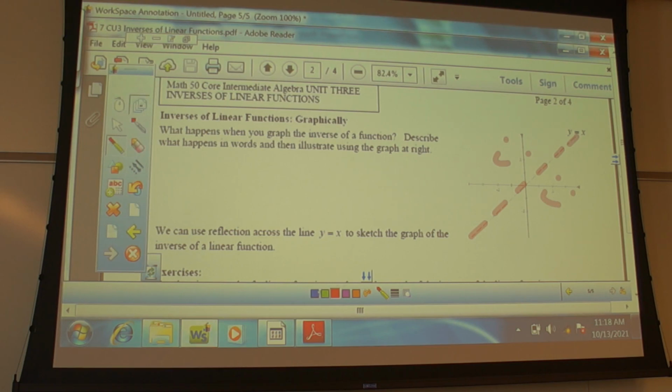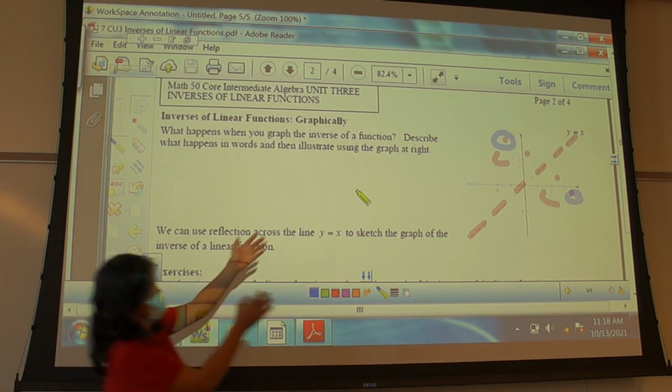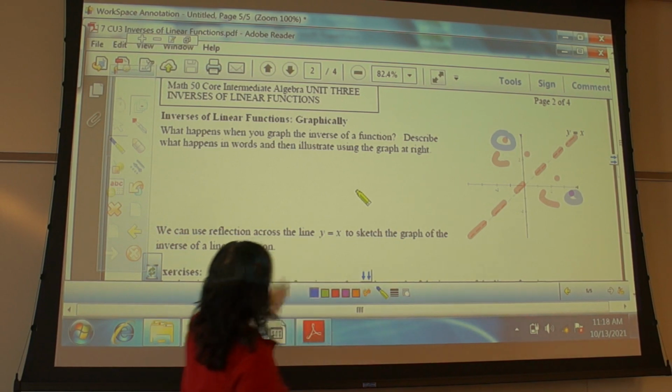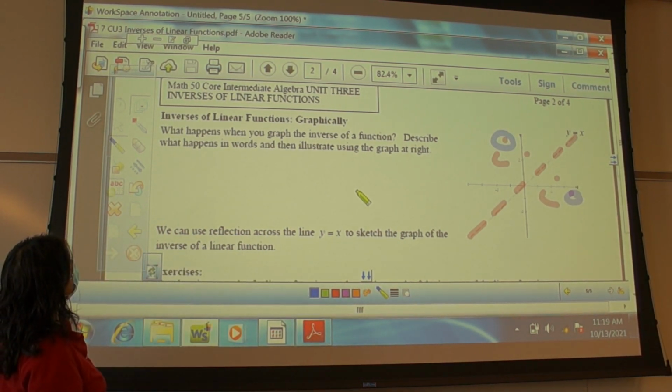For example, this point, (-1, 4) becomes (4, -1). Kind of down here, right? So it works that way. When the x and y swap, they swap across this line y equals x, because that's the reflection. I guess I sort of answered that already.